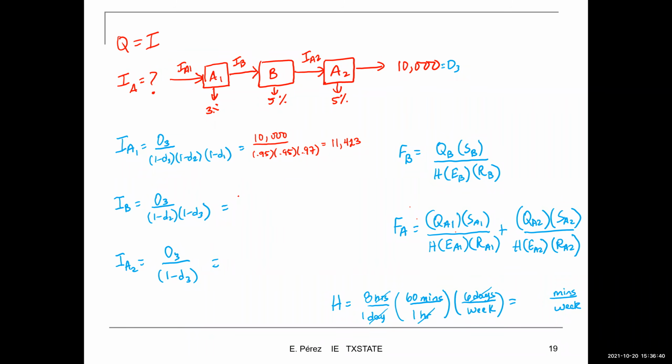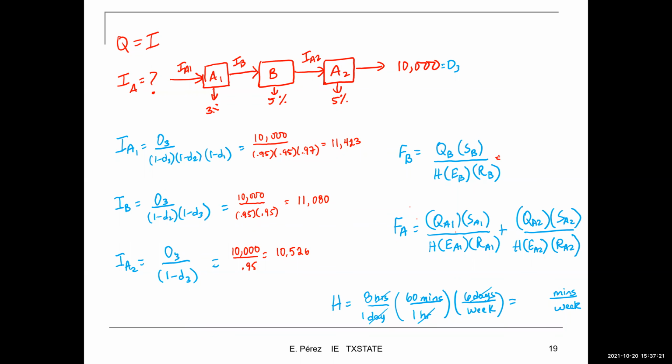And then here, this was 10,000 over 0.95 times 0.95. And this was 11,080. And for A2, we have 10,000 over 0.95. So this was 10,526 units.